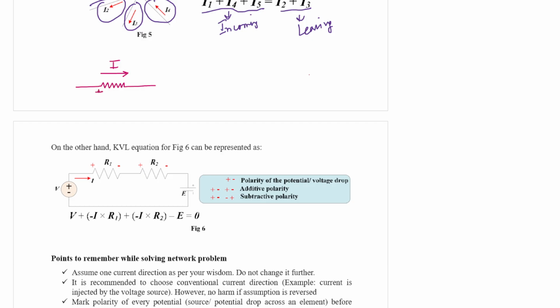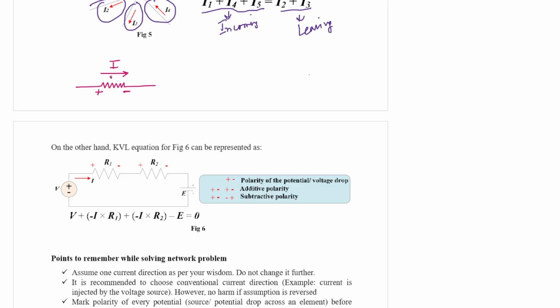The left hand side is positive, and the right hand side of the resistance is negative. The reason is quite simple, because current is flowing. Current should flow from higher potential to lower potential. As simply as water flows from higher altitude to lower altitude, current will flow from higher potential to lower potential.